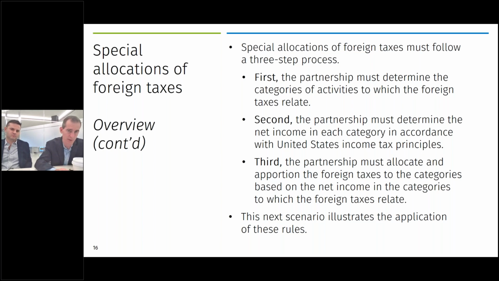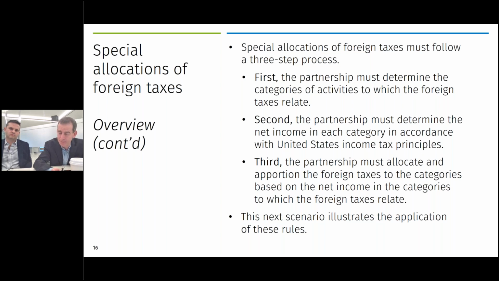If you have a disregarded entity and it has a different sharing ratio of its items relative to other disregarded entities of the partnership, that disregarded entity would be treated as a category. So it's a factual analysis to break it out into economic categories of the partnership. Once you do that, you need to make sure that the net income within that category is based on U.S. tax principles. And then the partnership needs to allocate and apportion the foreign taxes.